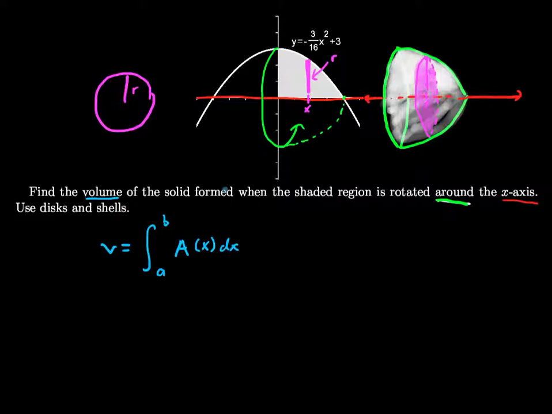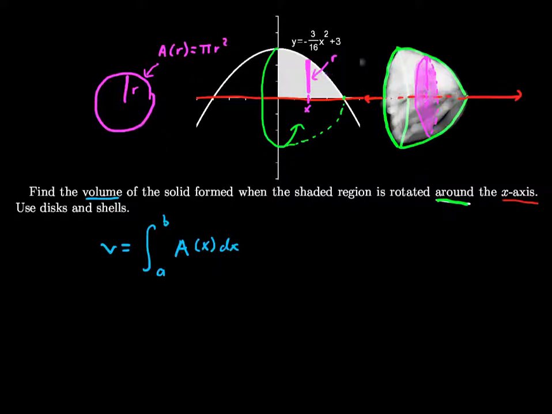And this is a solid of revolution, so what we actually know is that the area of one of these circle cross-sections, the area in terms of r, is going to be pi r squared.